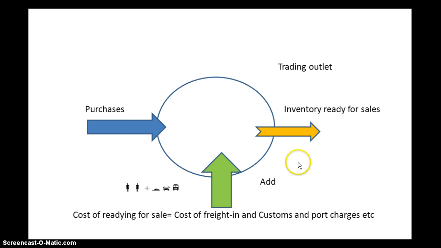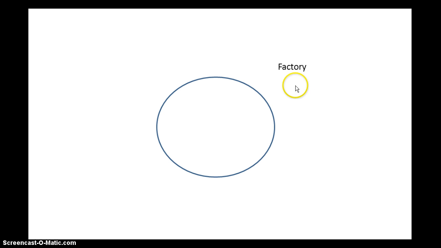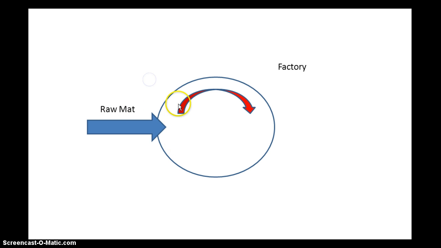Now, in a sense you're purchasing here, but instead of purchasing, if you manufacture yourself, then there are additional costs, because remember, manufacturing comes out of raw material, and manufacturing is done in a factory. The raw material is converted to become finished goods, which is the item somebody else purchases.